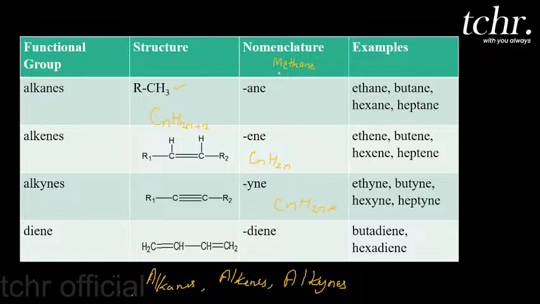Four covalent bonds, right? If all four covalent bonds are sigma bonds or single bonds, it comes under alkanes. So what will be the formula for alkane? A carbon with four covalent bonds, and all the bonds you fill with hydrogen atoms. So the formula will be CH4 for methane.